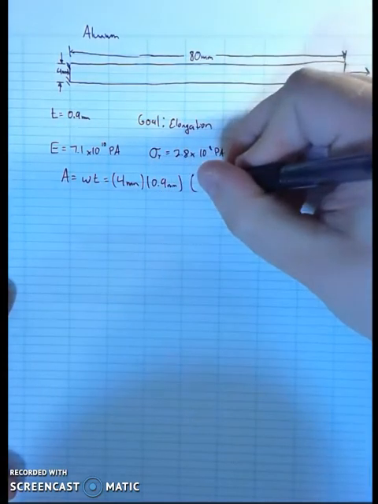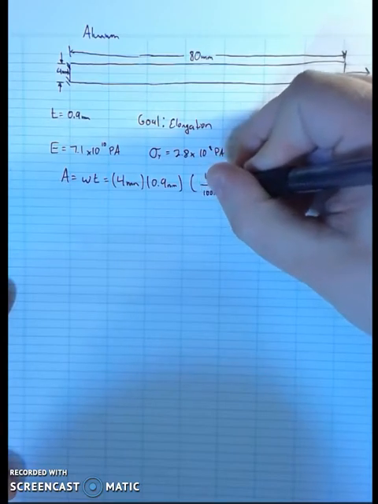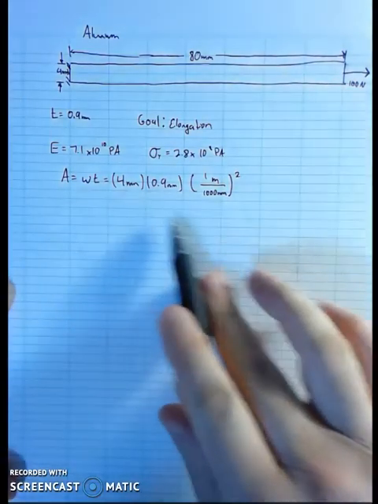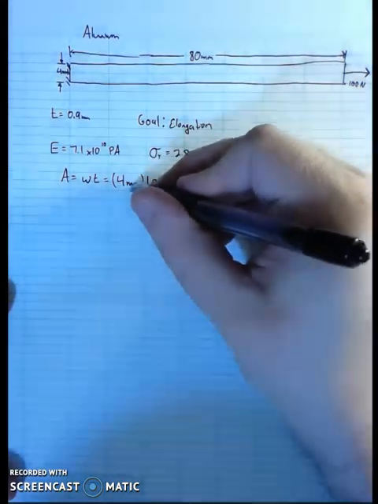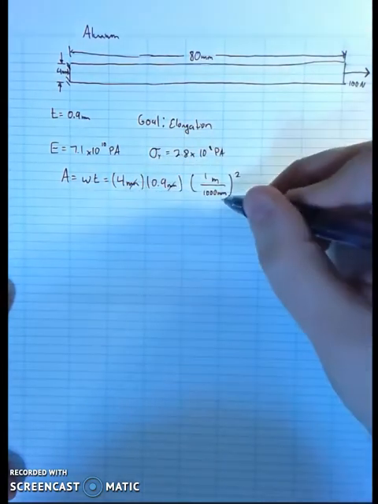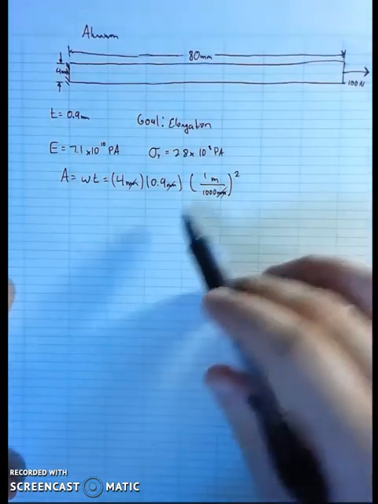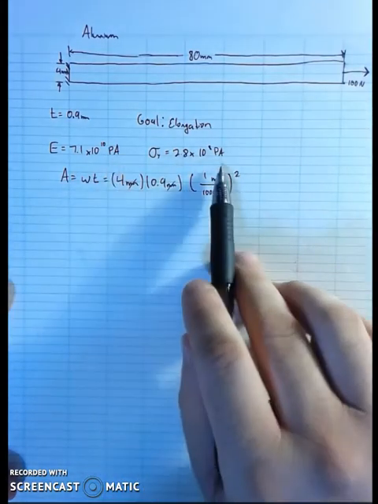And I'm going to add a conversion factor. I know that for every 1 meter, there's 1,000 millimeters. And if I square that, the end result here is going to have units of square meters, right? Because the millimeters here cancel with the millimeters squared there. The reason that I'm doing that is because all of my stresses are in pascals.